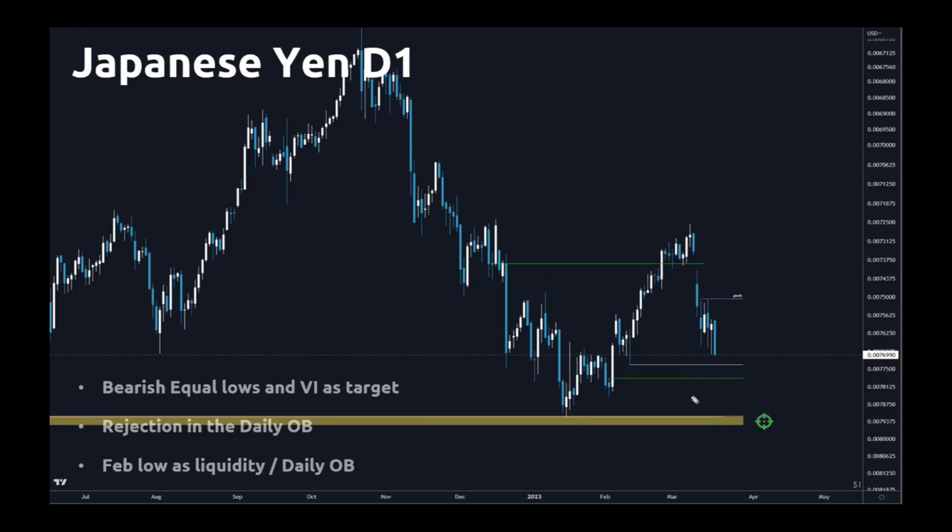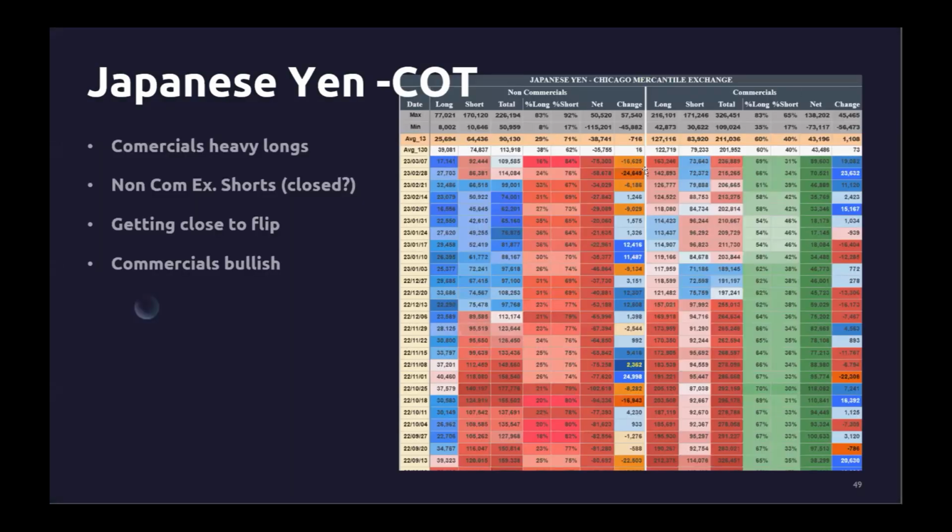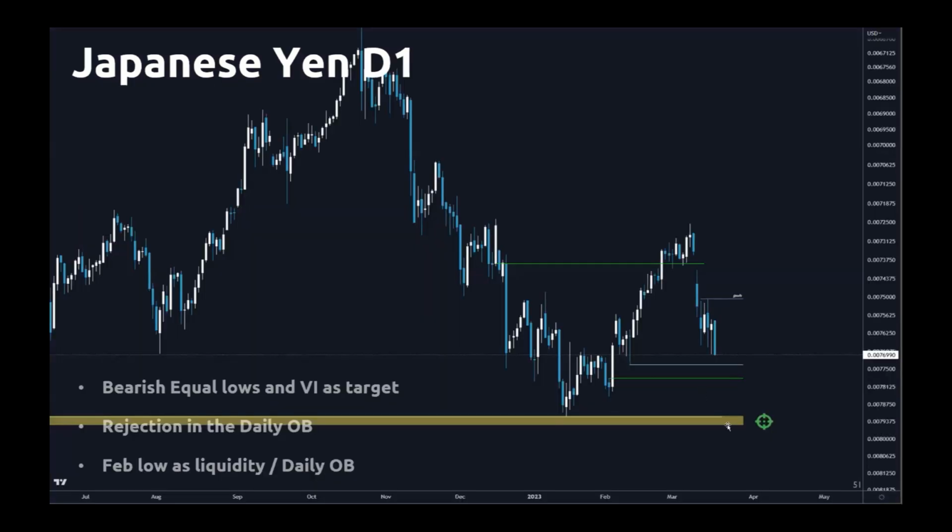So I think the price is going lower, and based on this, that non-commercials are actually bullish on the Japanese yen, I think it will come in there, right? So yes, price has made a break of the structure higher, but not a break of the structure on the daily, right? Not on this daily order block. So this daily order block is pushing it lower.